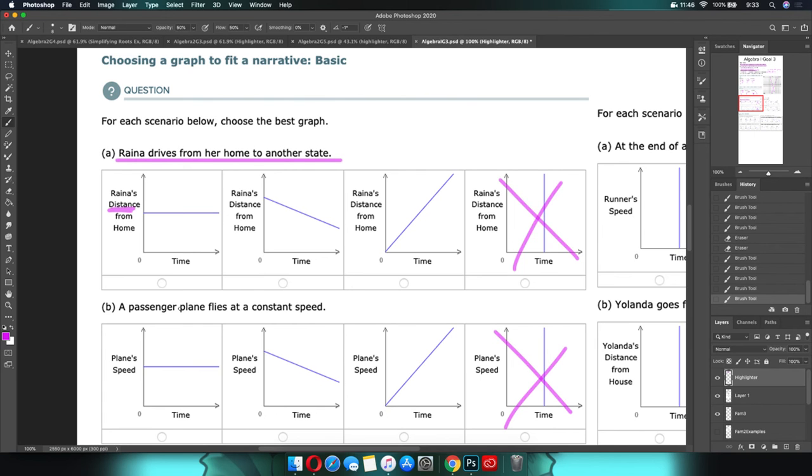Now the next question is, what does going up actually mean? What does going down mean? And the thing that you need to ask yourself is, how do you read words? You read it. That sounds trite. Let me try that again. You read a graph the same way you read words.